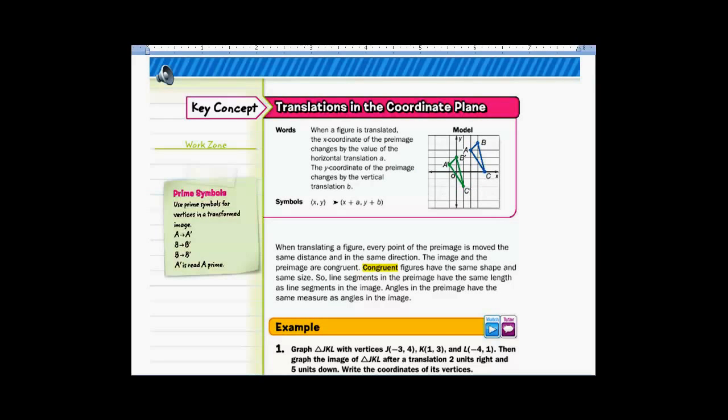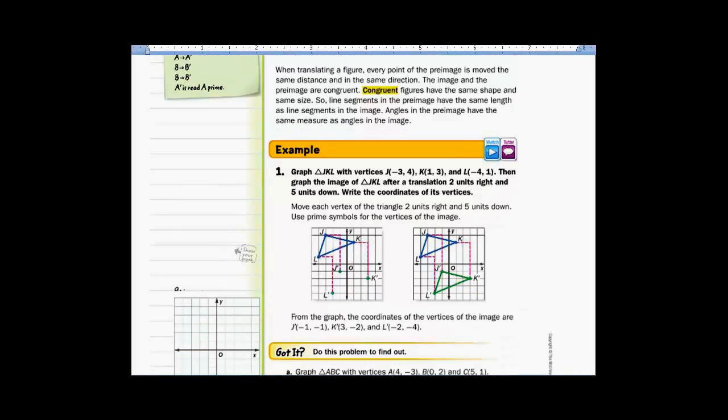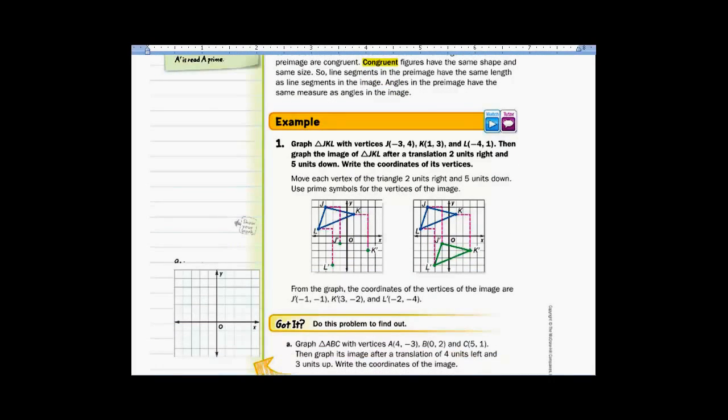Okay, so going down here. Graph triangle JKL with vertices as follows. Then graph the image of JKL after a translation of 2 units to the right and 5 units down. So they are basically asking you to pick up every one of those vertices and move it, where they say 2 units to the right, and 5 units down.